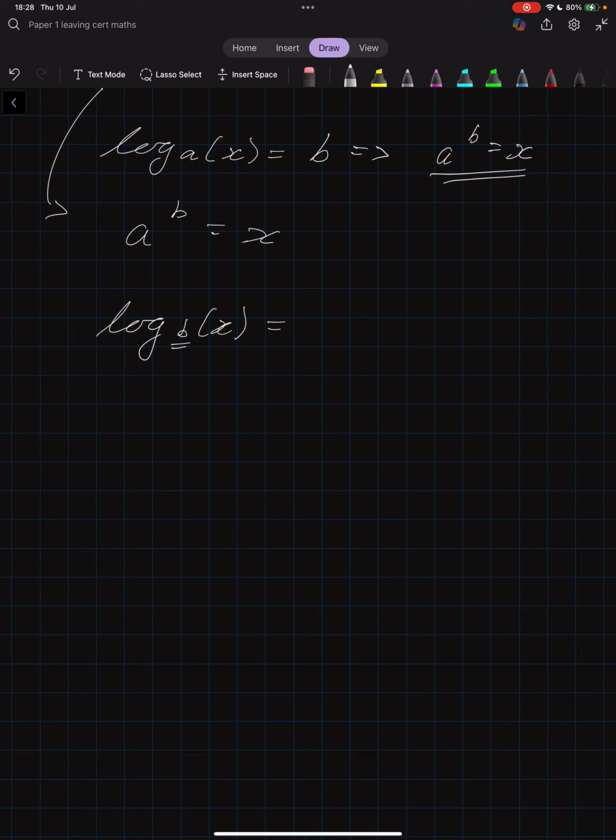This is log to the base a of x over log to the base a of b. This a is the thing you want to change it to. Again, I'll do an example in a second. So let's say I have log to the base 8 and I want it to be log to the base 2. You just change it to 2 and a 2 here, and then whatever it was, you just plug it there. Okay.